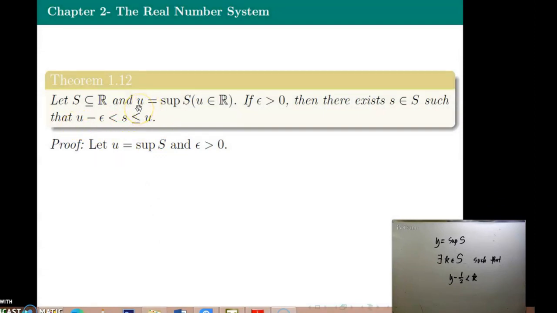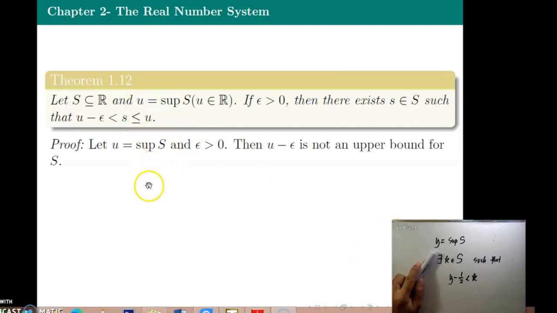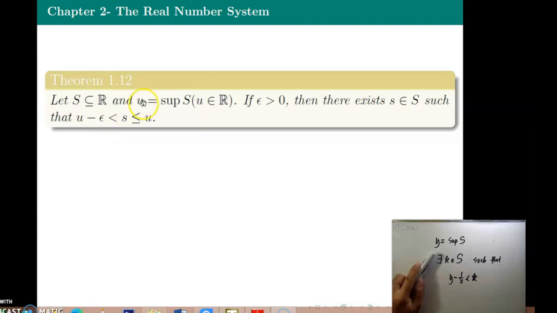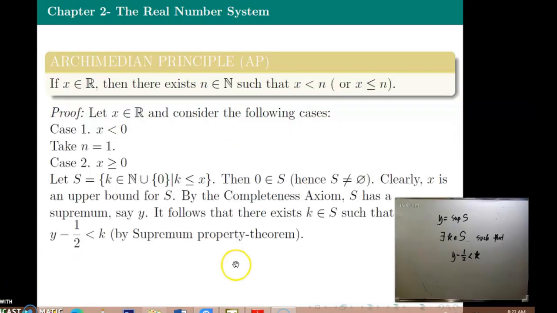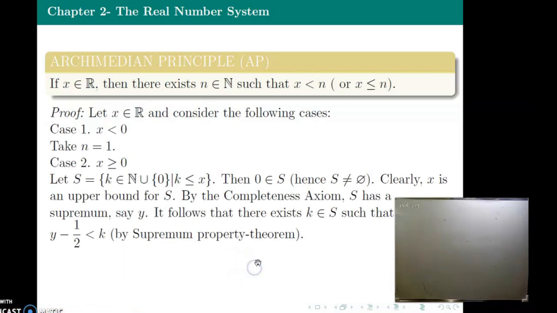Y being the supremum of S, there exists K in S such that Y minus 1/2 is less than K. So epsilon is 1/2. Okay, that's for the Supremum property theorem.